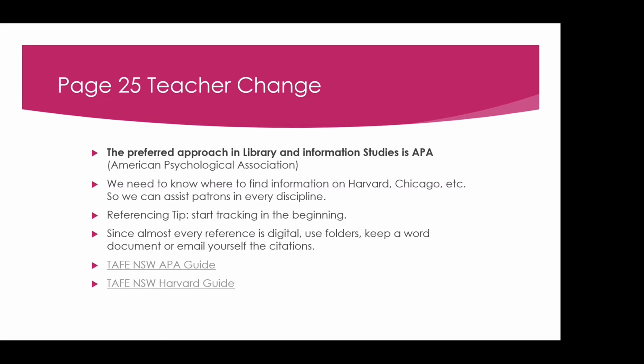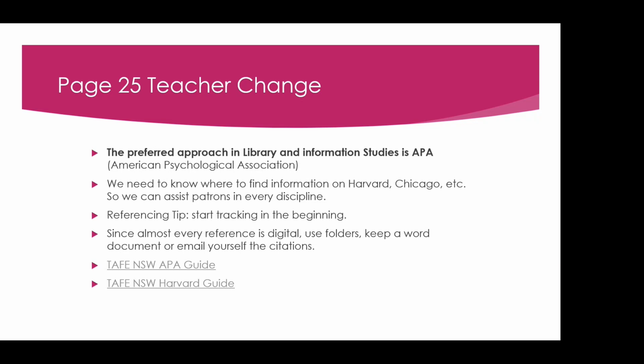So I made a change from the workbook on page 25 because it talks about the most popular use of, and it may have said MLA, I don't recall right this minute what it was, but I'm changing this to say that the preferred approach in library and information studies is APA, the American Psychological Association.